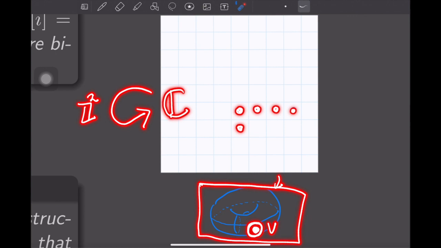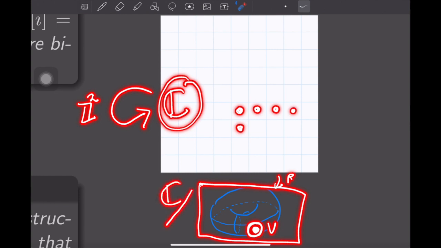And moreover, by construction, by how I'm defining the complex atlas for the torus, P is holomorphic as a function from C to the orbit space.